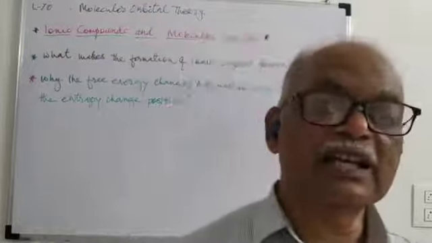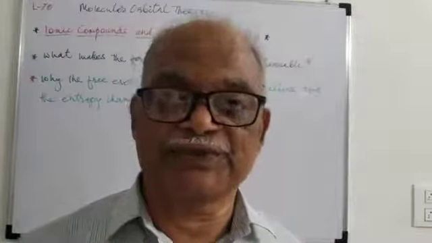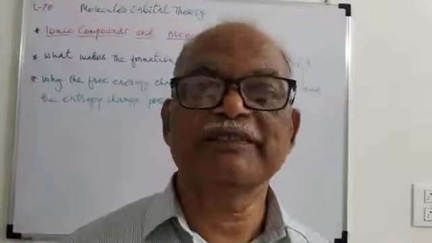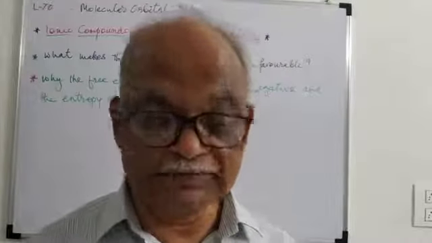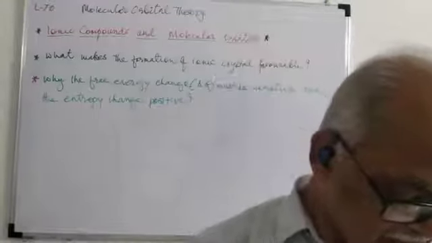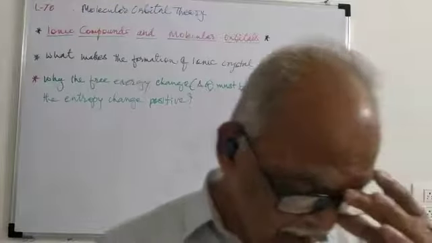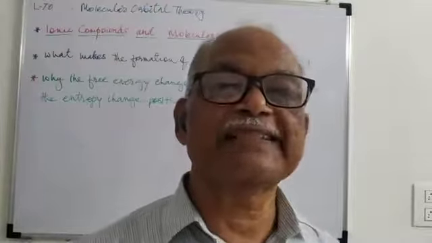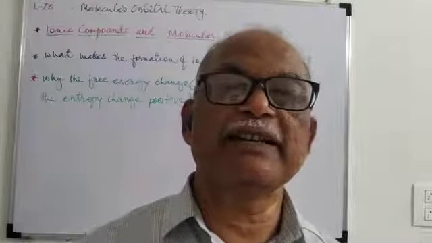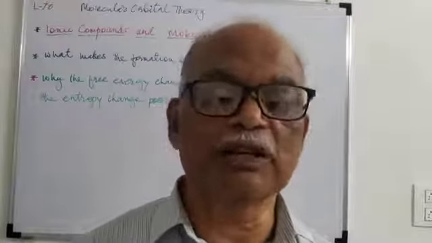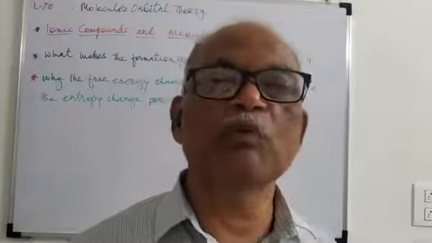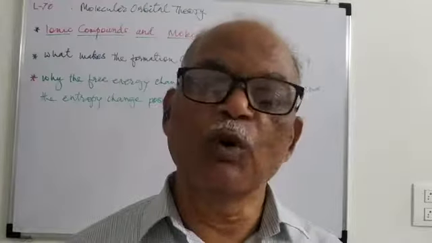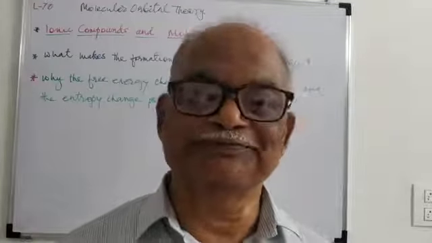So this electronegativity difference imparts polar nature to the bond. As a result, the electron density is not present at the exact center of the bond, but is shifted more onto the more electronegative atom.